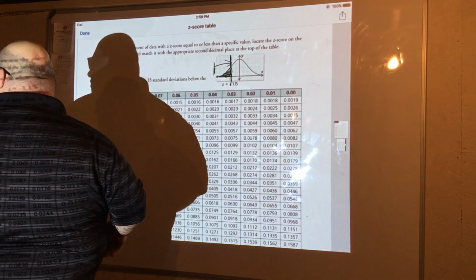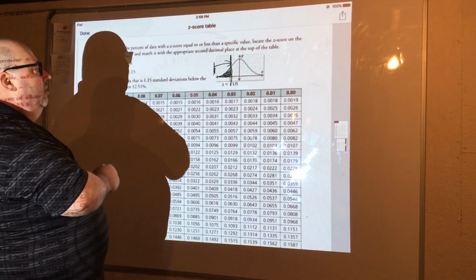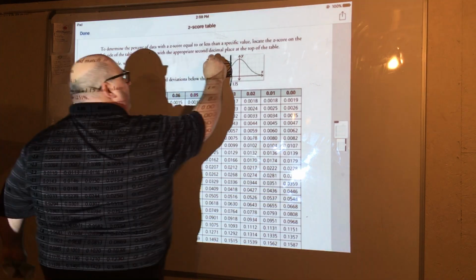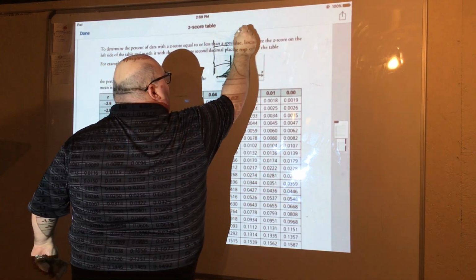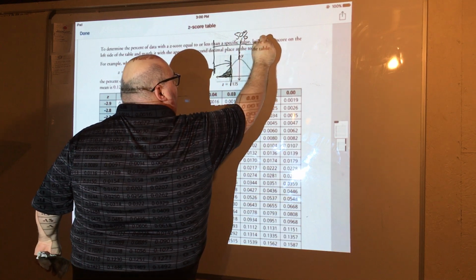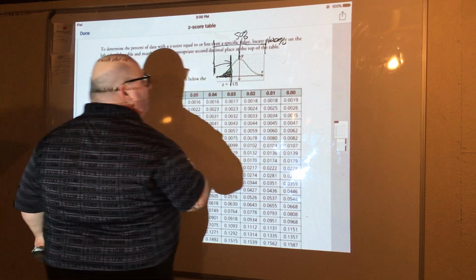Right? So there's a couple of different things that we can do here, or that we remember. Remember that the mean is always at the 50% mark. The whole thing is what? 100%, okay?